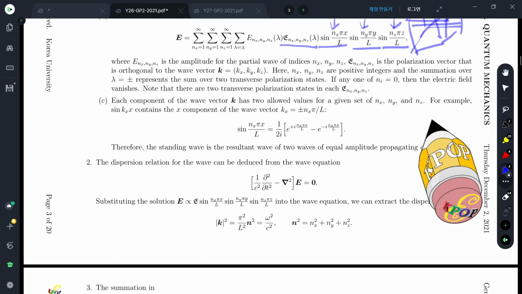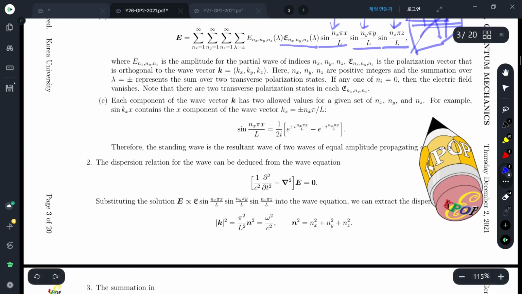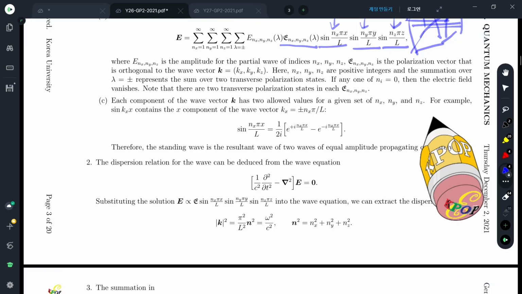So even though you don't have to seriously follow every detail, just keep in mind the basic idea of the classical treatment of black body radiation.